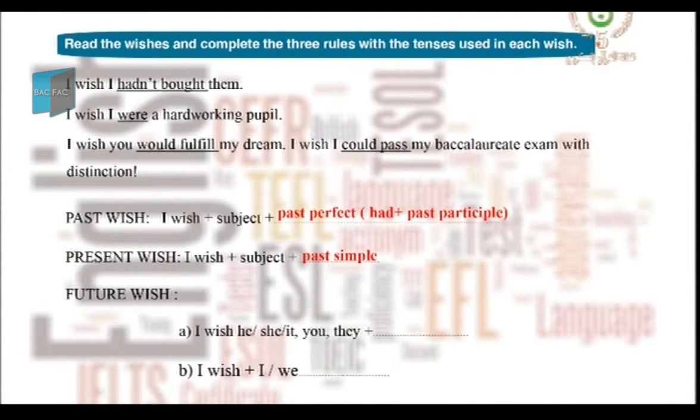And the last wish, the future wish, the first one, A, with subject I and we, we use could and the verb in the infinitive without to, that is the stem. And the second one with the pronouns you, he, she, it, and they, we use the modal would and the verb in the infinitive without to, which is the conditional tense. Right, let's practice now.